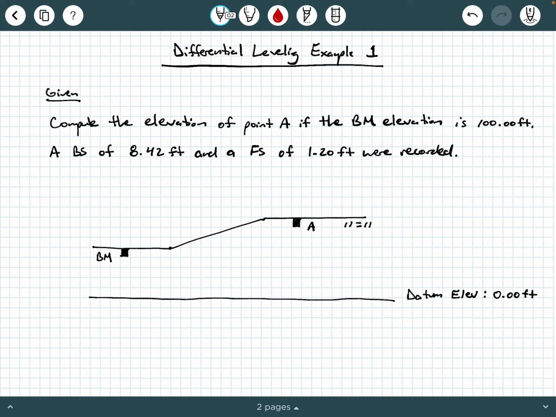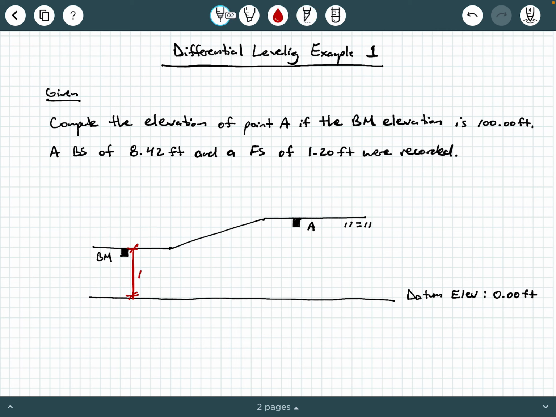Now in red, I'm going to start drawing some solution components here. So where is the benchmark elevation? Well, this is the elevation right here. Remember, the benchmark elevation is the distance from some reference axis we call the datum up to the ground surface at that point.